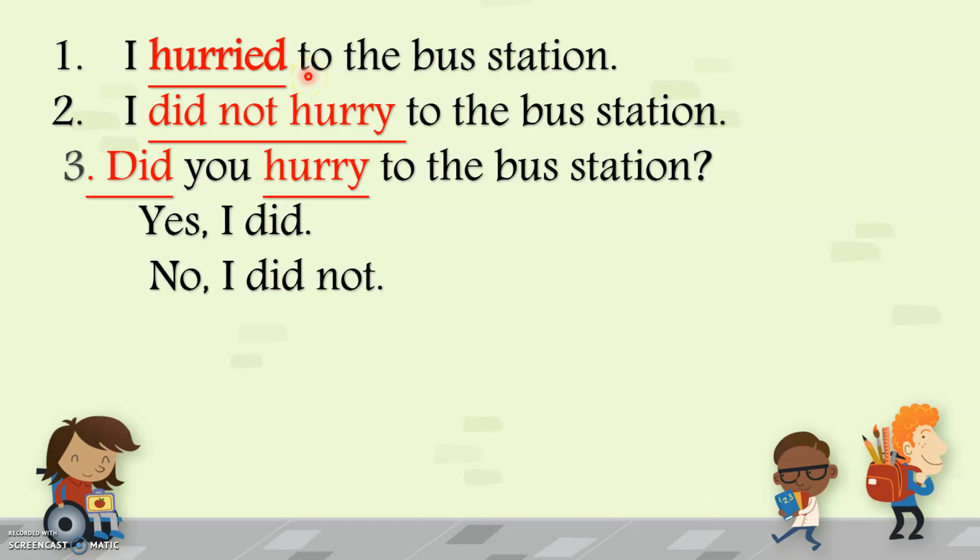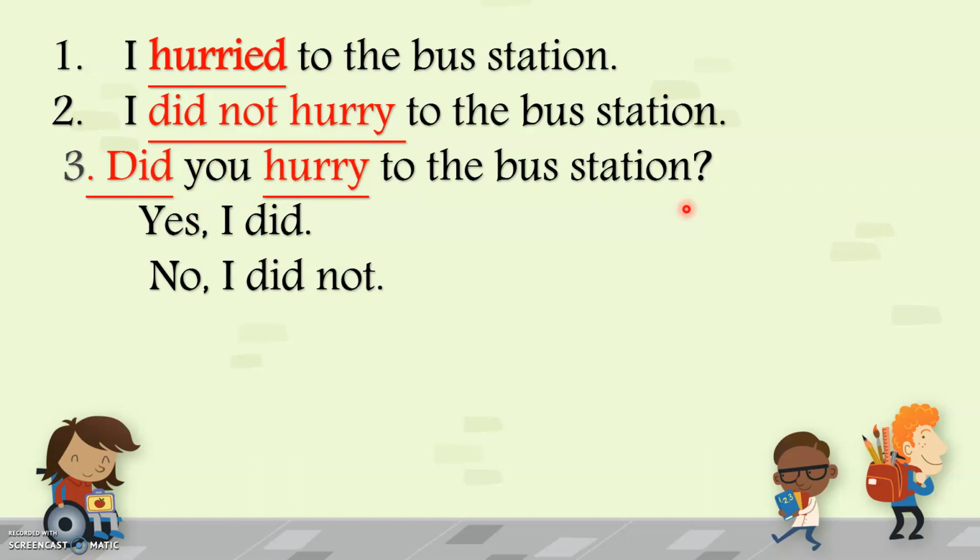What about the yes or no question? How do we make the yes or no question from this sentence? We need to start with did. Did, then the subject. I'm talking to you, so I need to ask you. Did you, then the base form of the verb. Did you hurry to the bus station?